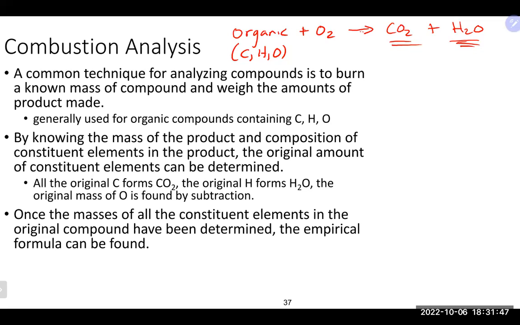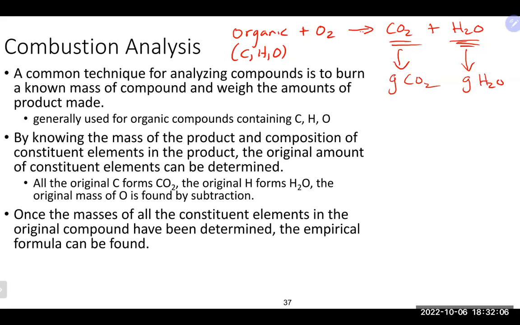Now, when you do this type of analysis, we actually have collectors for the CO2 and the water. So you'll know how many grams of CO2 you collected, and how many grams of water you collected.